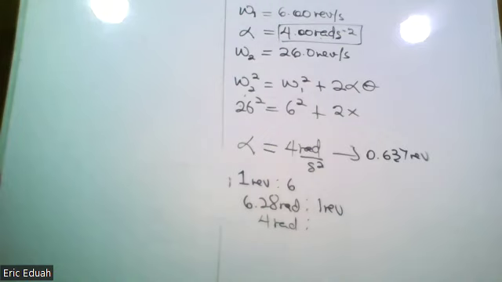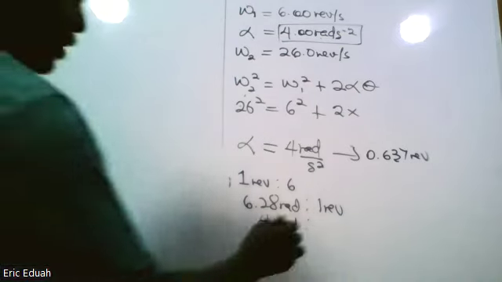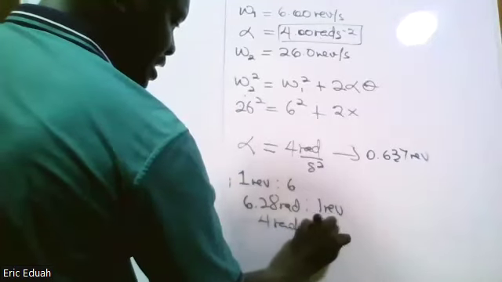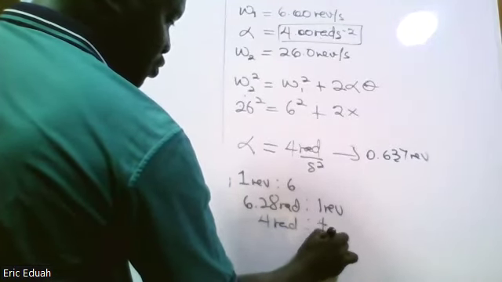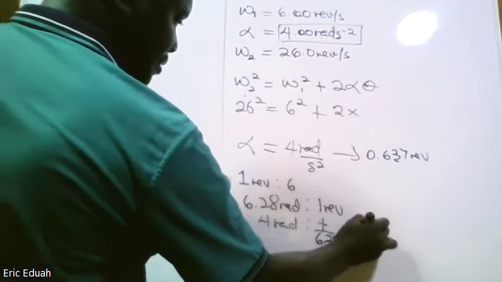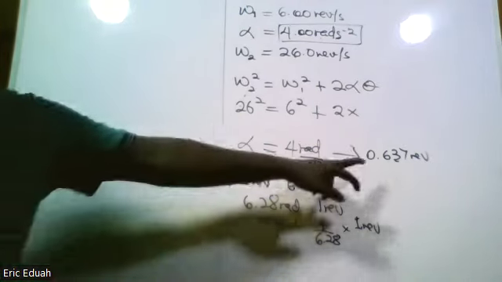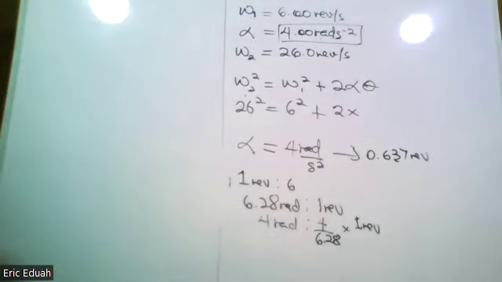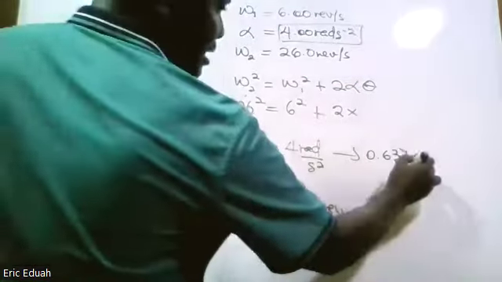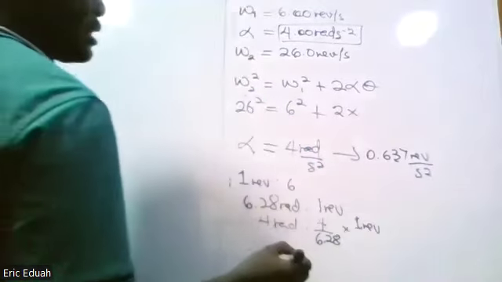Less. So if less, we divide. So 4 divided by 6.28 times 1 rev. Let's divide 4 by 6.28. Is it equal to this? You get 0.637. Okay, so she's right. So this is 0.637 rev per second squared.